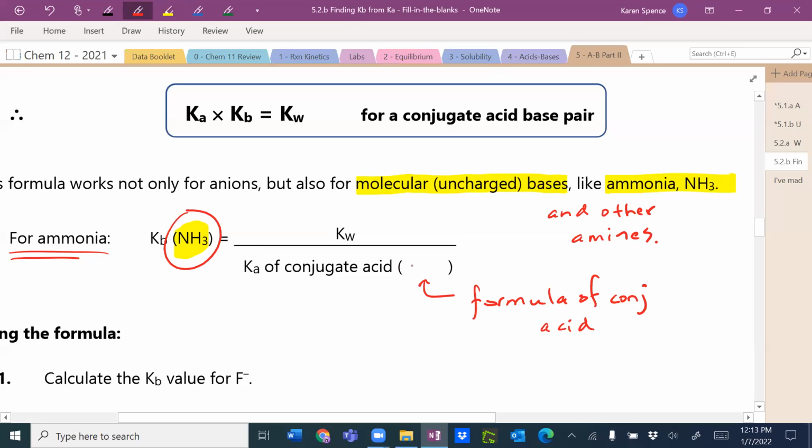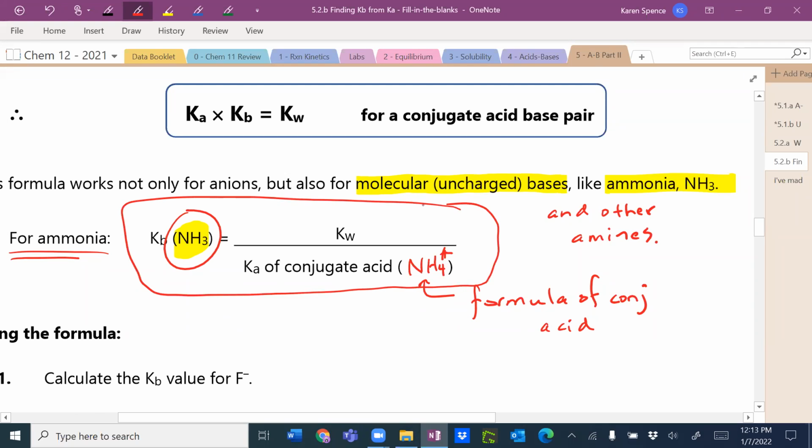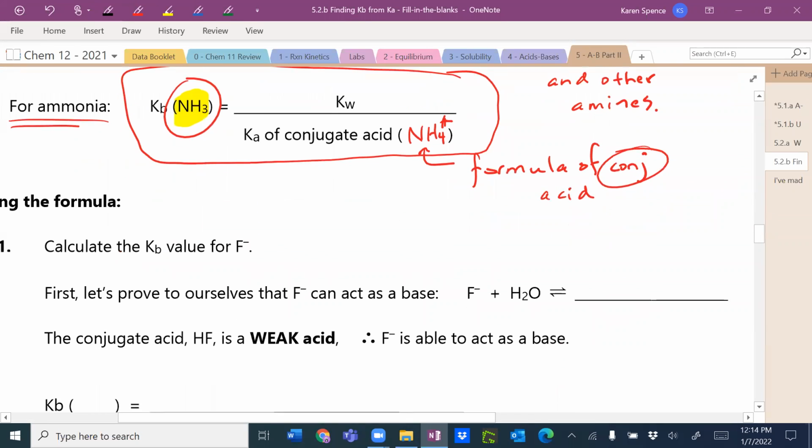Yeah, NH4+. So we're going to put NH4+. I'm going to recommend that when you start out, write out the entire thing, or you abbreviate conjugate by just conj, and you'll see why in a few minutes.